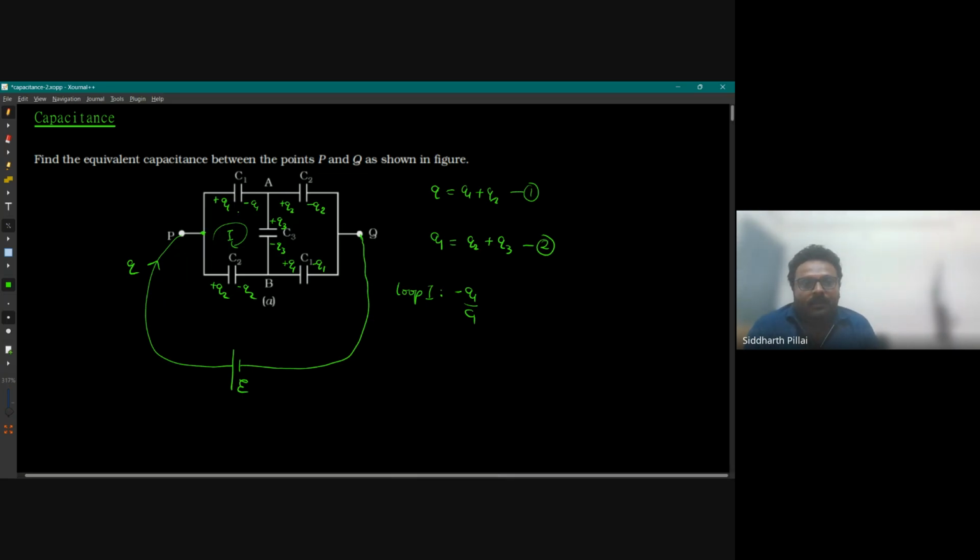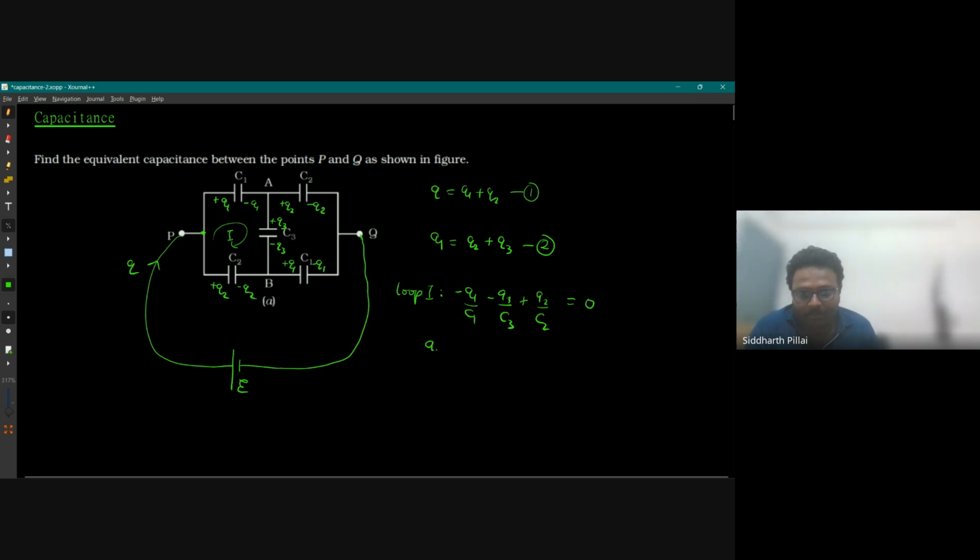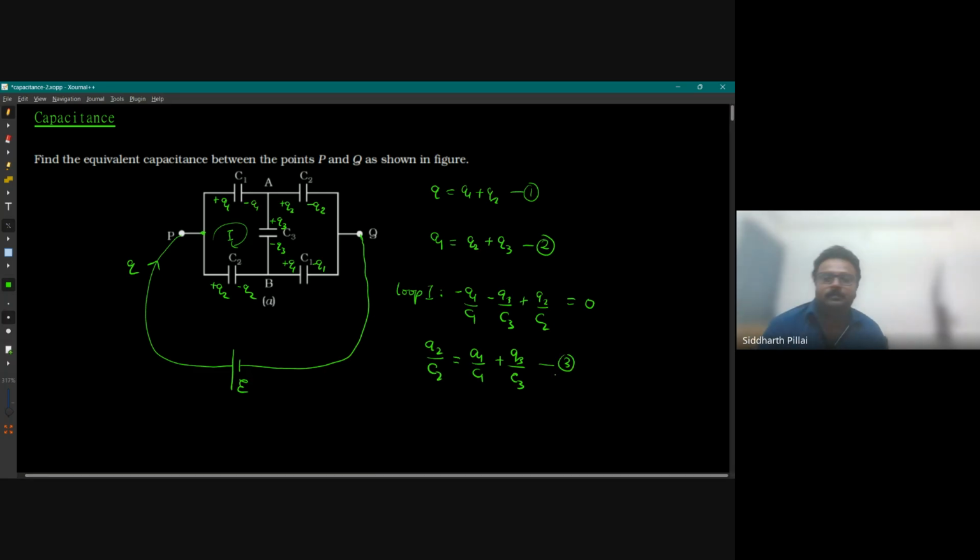Then going from plus Q3 to minus Q3, that will be minus Q3 by C3. Then going from minus Q2 to plus Q2, it will be plus Q2 by C2. This is equal to 0 because you've come back to the same point. That is your loop law. Let me write Q2 by C2 equals Q1 by C1 plus Q3 by C3 as equation number 3.